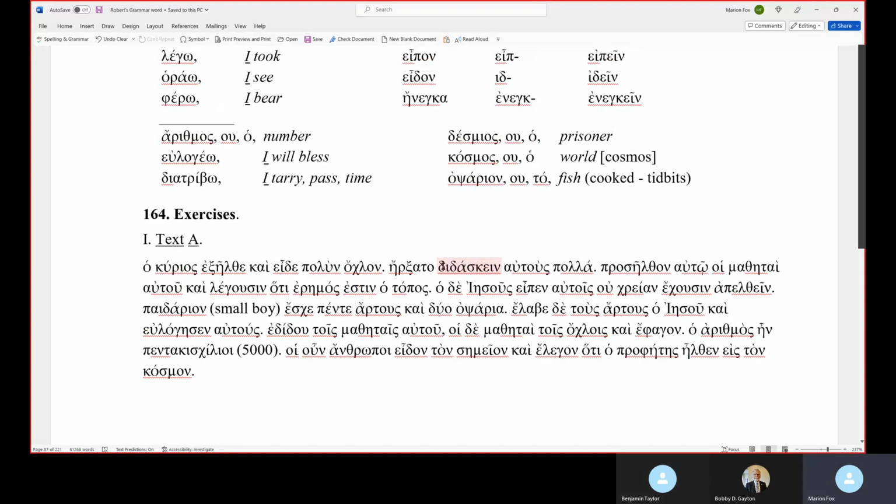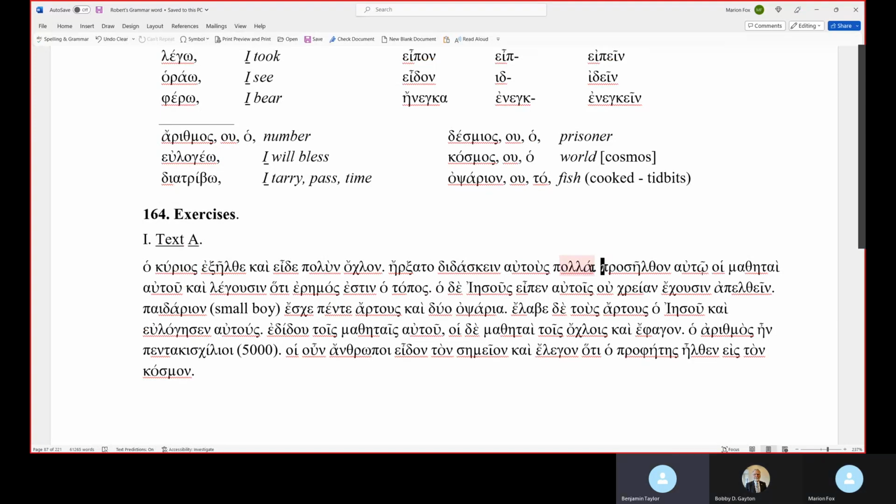Didaskein is an infinitive, of course, the present infinitive of didasko. But he began to teach them many, and I like "many things" because if you look it up, did you look it up? What gender is it?